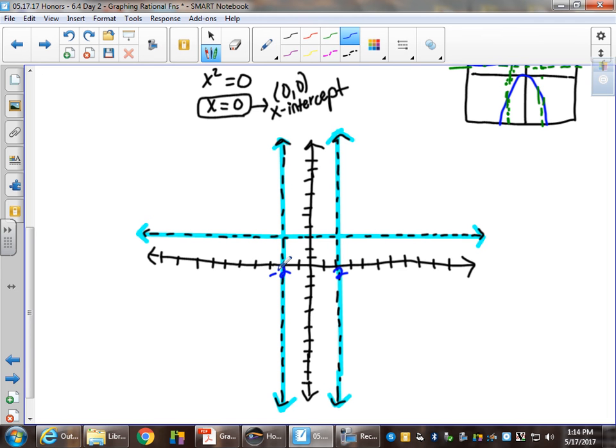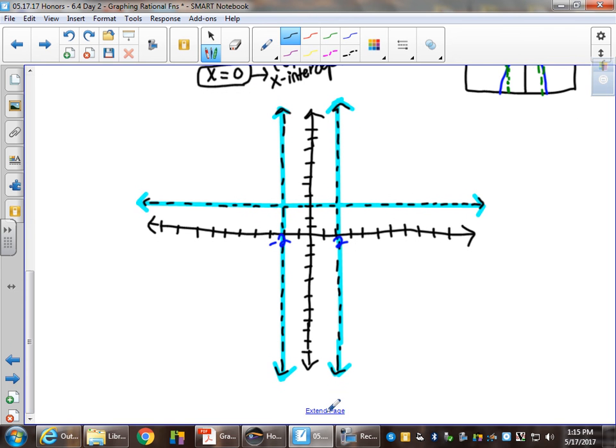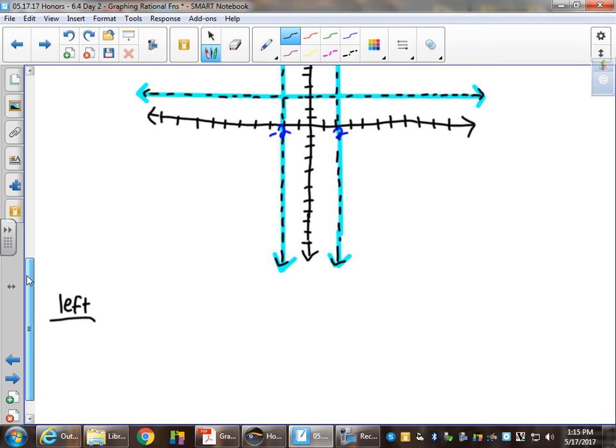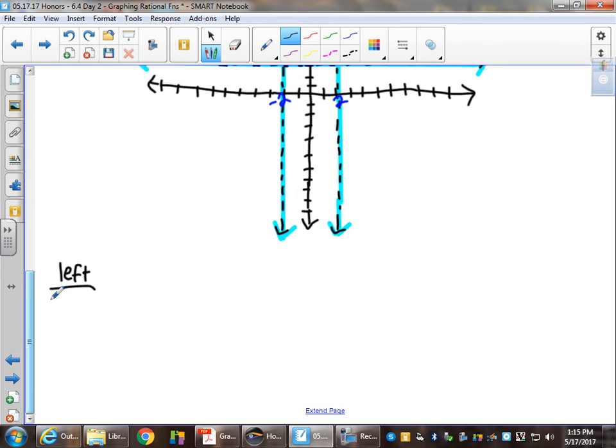So if I'm looking for 2 points to the left, maybe I choose f of -3 and f of, I'm not sure, let's say -7.